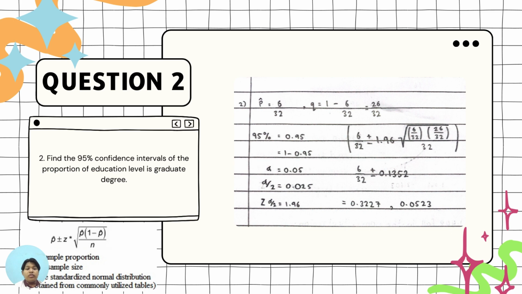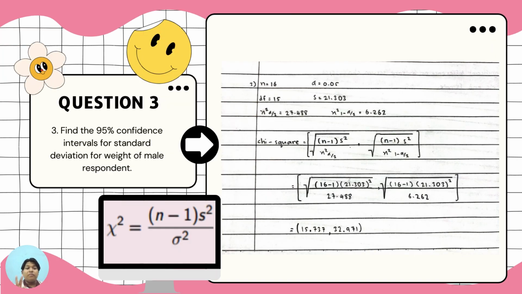Let's go on to the next question, which is question number 3. For question number 3, find the 95% confidence intervals for standard deviation for weight of male respondent. So let's look at the data. The number of male respondent from my data is 16. So the degree of freedom, which is n minus 1, is 15. So the alpha is 0.05, and the standard deviation from my data is 21.303.